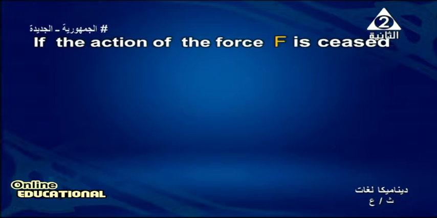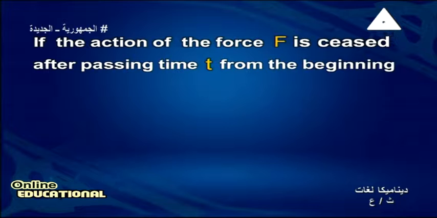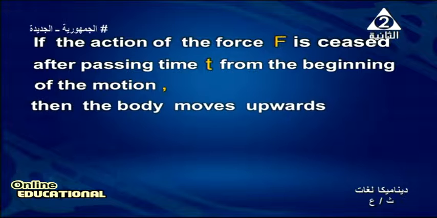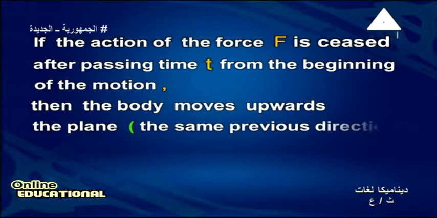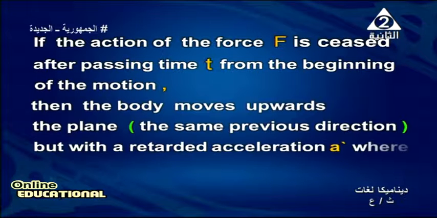If the action of the force F is ceased after time t from the beginning of the motion, then the body moves upward the plane in the same previous direction, but with a retarded acceleration a dash, where a dash equals negative g sine theta, because F equals 0, and we can cancel the mass of the body from the two sides.